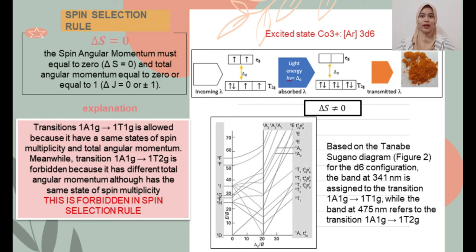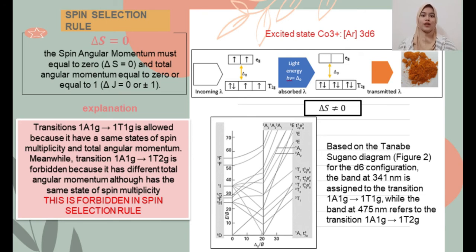The second band, which is 475 nm, shows the transition from 1A1g to 1T2g. Based on the diagram, the transition at 341 nm, 1A1g to 1T1g, is allowed because it has the same spin multiplicity, which is 1 to 1, and the total angular momentum is also the same.